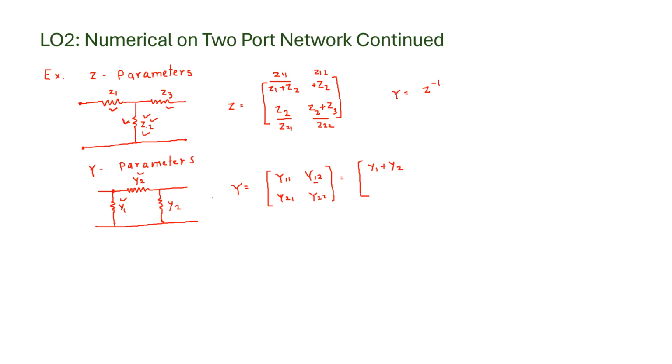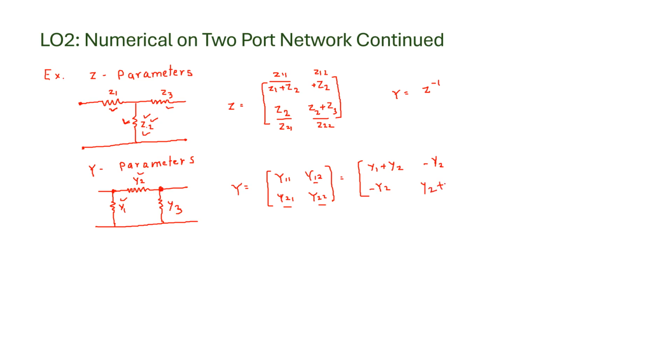Then y12 will be the admittance connected between port 1 and 2, that is y2, and deliberately we have to take a minus sign for this. Similarly, y21 is the admittance between port 2 and 1, so it is again y2 with a minus sign. y22 is the total admittance connected to port 2, so it is y2 plus y3.